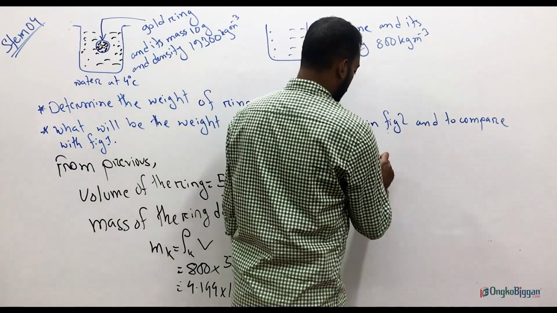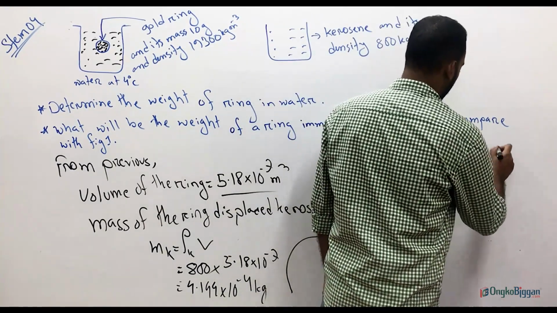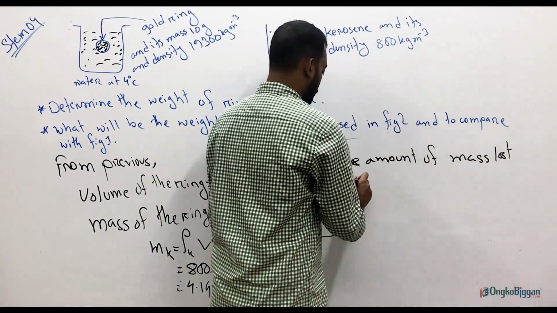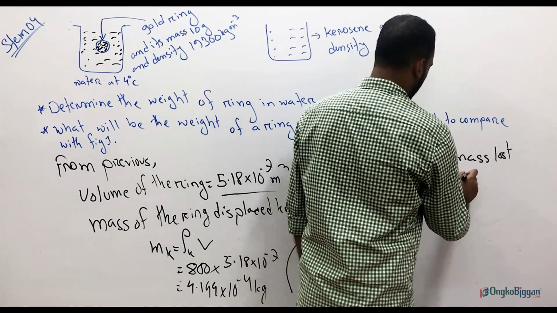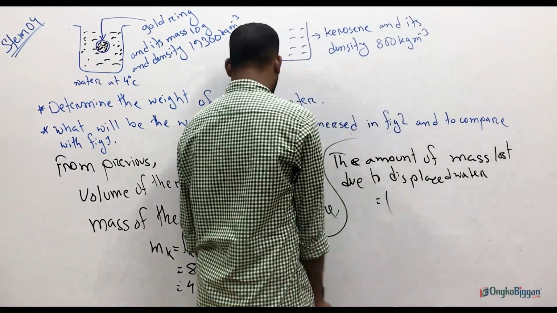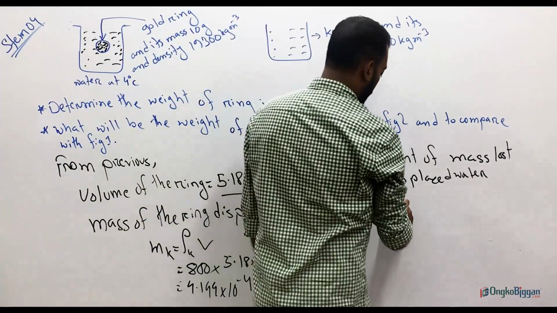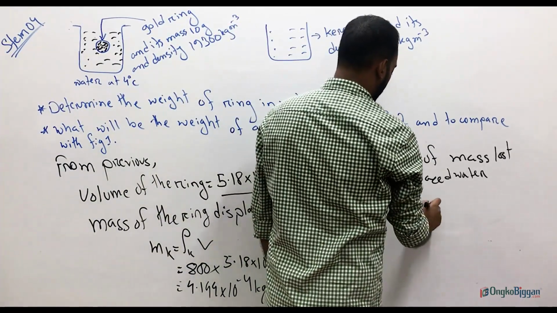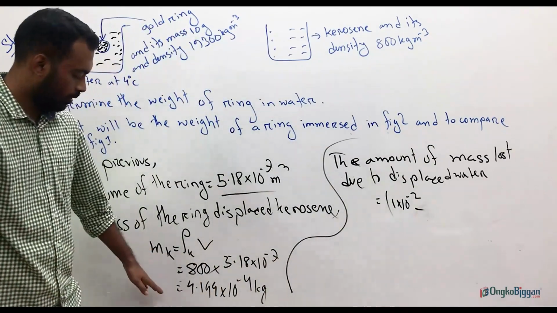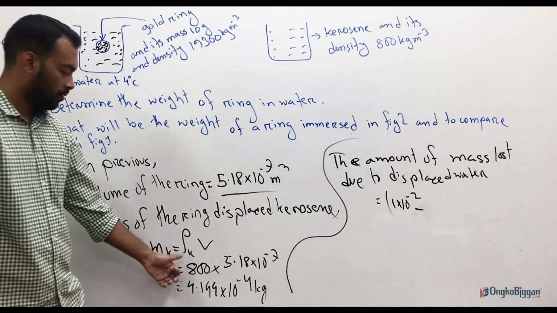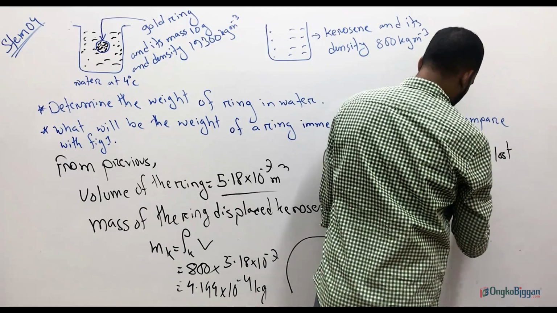Now the amount of mass lost due to displaced water is equal to, so what was the initial mass of this object? 10 gram or 1 into 10 to the power minus 2, same thing, minus, this was the initial mass, and later the mass became, when it was dropped in kerosene, 4.144 into 10 to the power minus 4.